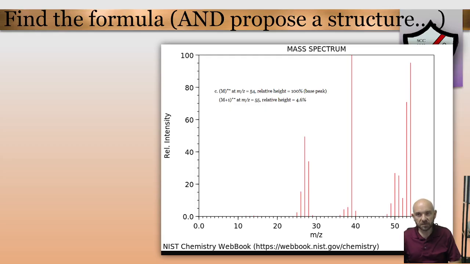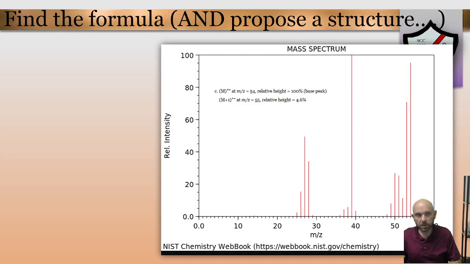Most of the time you do your 4.6, or your molecular ion plus 1 peak, divided by the abundance of the molecular ion peak times 100. In this case, since the molecular ion peak is the base peak and does have an abundance of 100%, doing 4.6 divided by 100 times 100 will just result in 4.6.